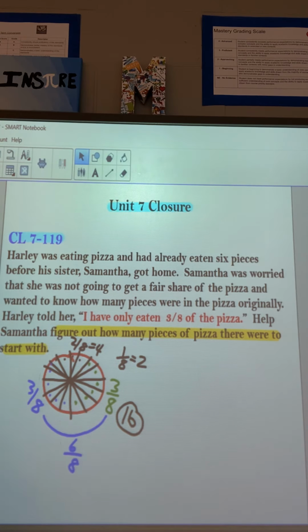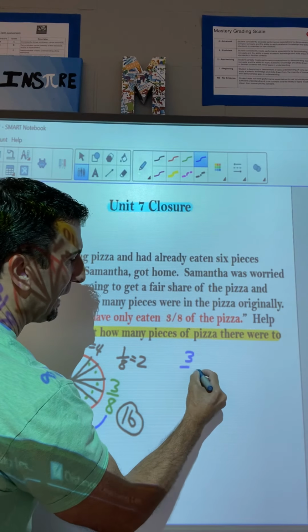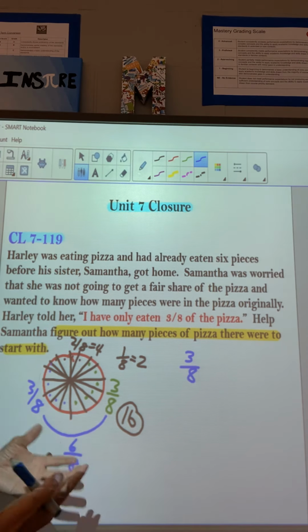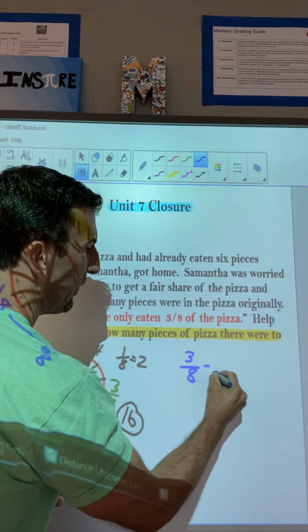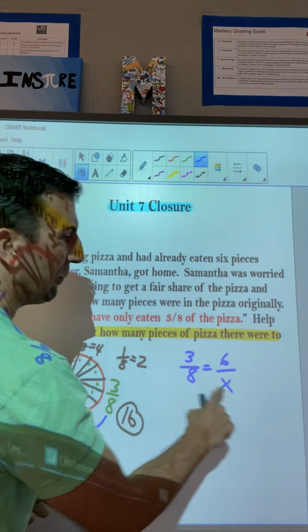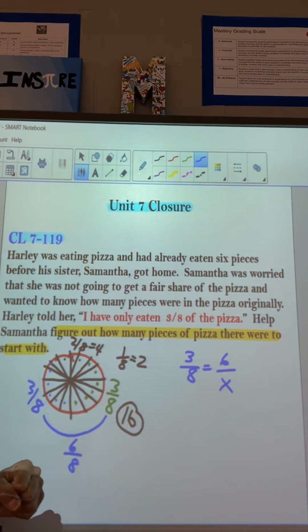So let's try to do this a little bit differently. We know that he ate 3/8. We're trying to figure out 3/8 is how much of the total pizza. We know 3/8 is equal to 6 out of a total of blank. So 3/8 is equal to 6 out of how much?